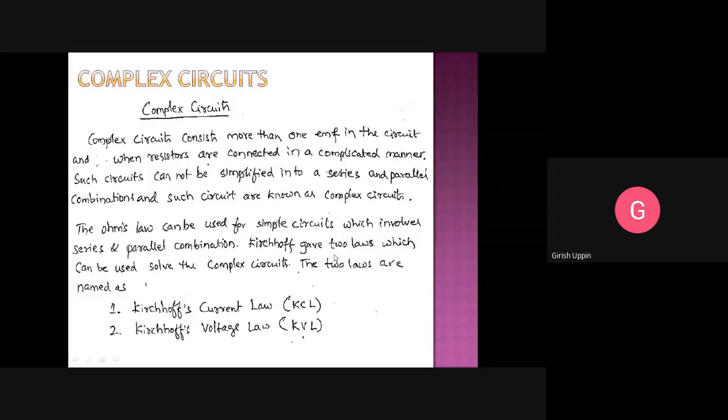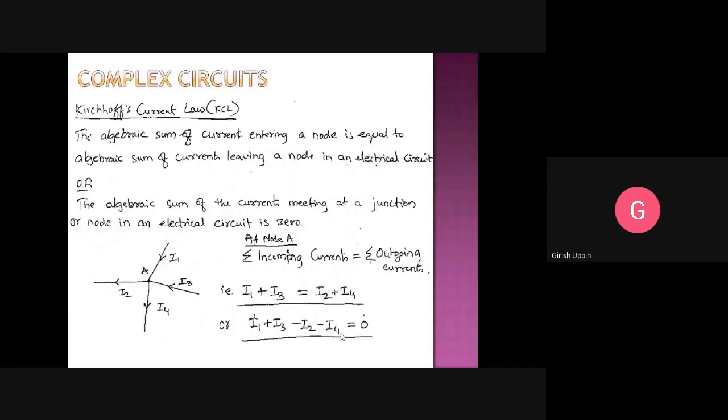Kirchhoff gave two laws which can be used to solve complex circuits. The two laws are named after the same scientist. The first law is called Kirchhoff's current law or KCL, and the second one is Kirchhoff's voltage law or KVL. So we will see what Kirchhoff's current law and Kirchhoff's voltage law are, and how we can use these two laws to solve any complex circuits.